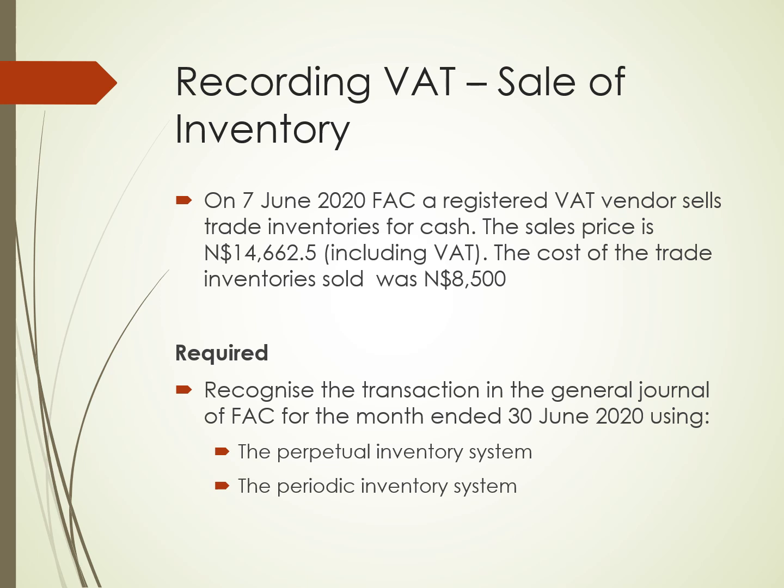The cost of the trade inventory sold was $8,500. You are required to recognize the transaction in the General Journal of VAT for the month ended 30 June 2020 using the perpetual inventory system as well as the periodic inventory system.